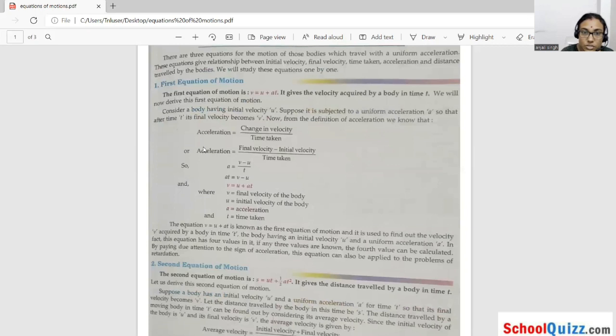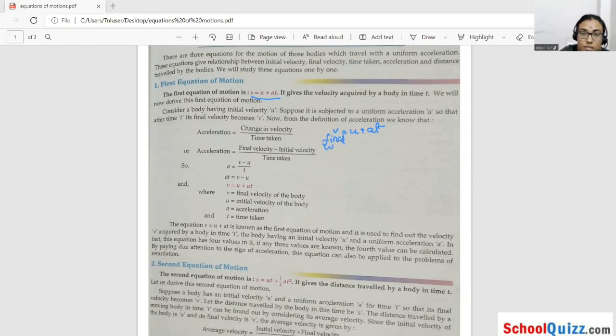The first equation of motion, actually the first equation of motion is what? This is v is equals to u plus at. Clear everyone? You can see here v is the final velocity.